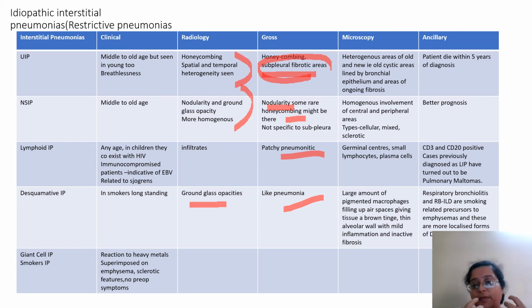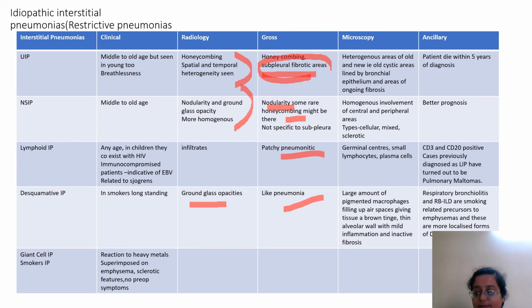Desquamative, large amount of pigment macrophages and sloughed off alveolar pneumocytes will be seen in the alveolar air spaces with thin rim of pneumocytes lining the alveoli. There may be areas of fibrosis too. Giant cell, you'll see giant cells. Smokers lung, you'll see some desquamative pneumonia-like features with sclerosis. Fine, so nothing very specific.